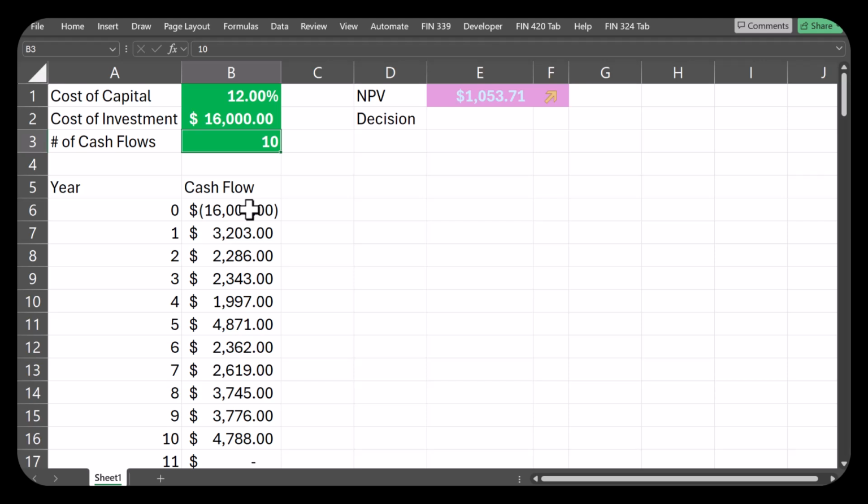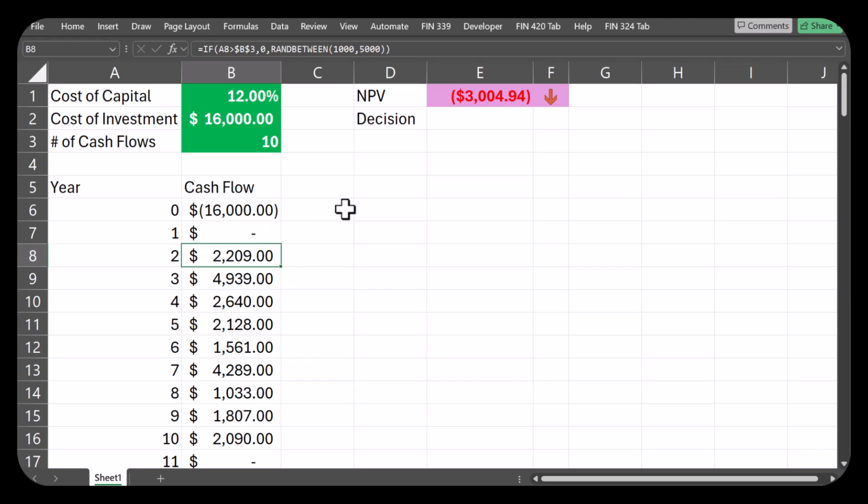If there is something skipping, Excel doesn't assume that it's zero. You have to explicitly write it as zero. So if one of these things is zero, it needs to be explicitly put in. All right.